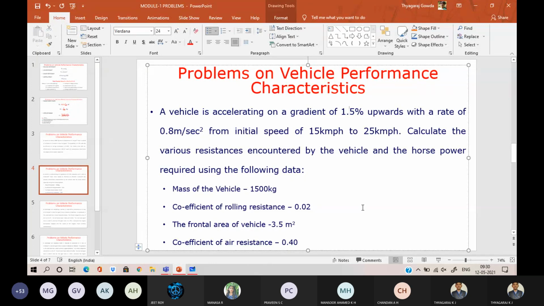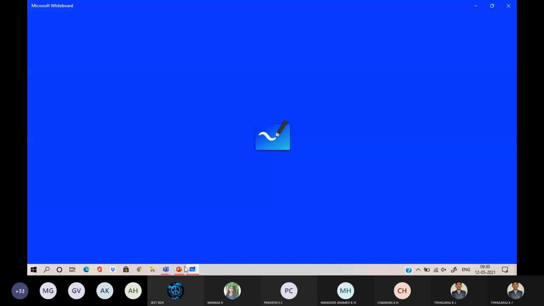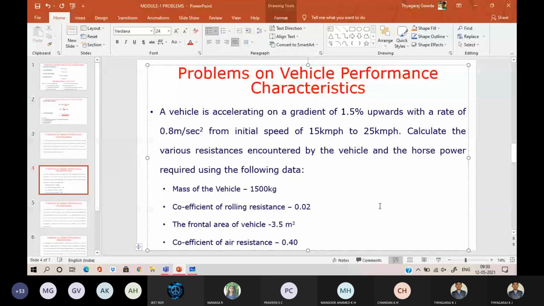A vehicle is accelerating on a gradient of 1.5% upwards, with a rate of 0.8 meter per second square, that is the acceleration they have given, from an initial speed of 15 kmph to 25 kmph.